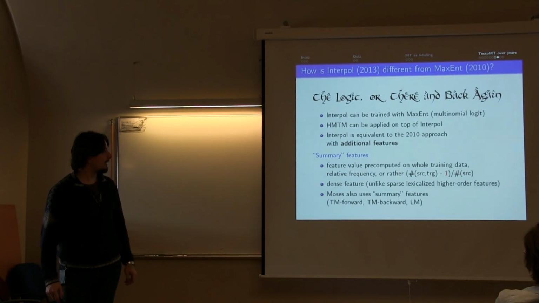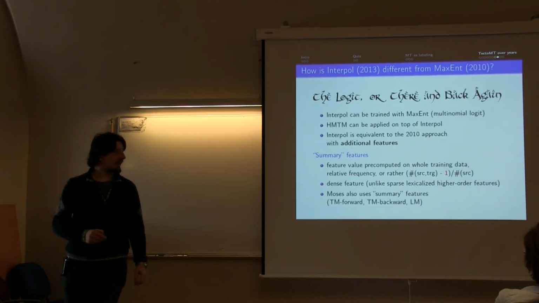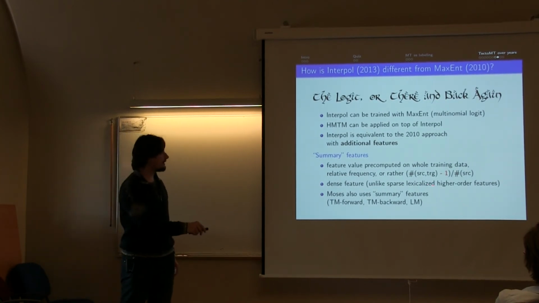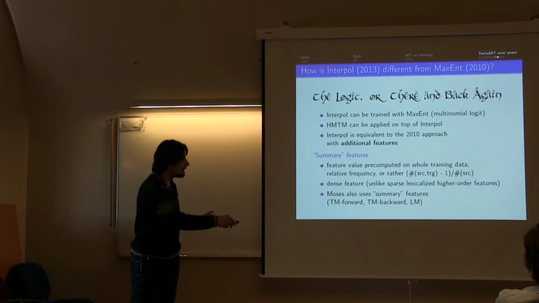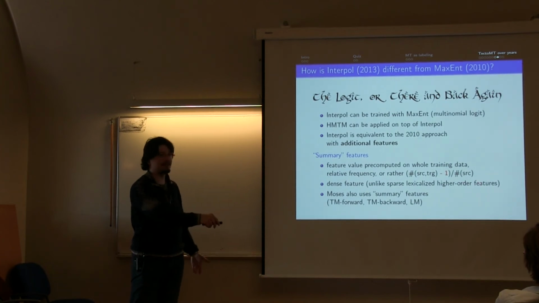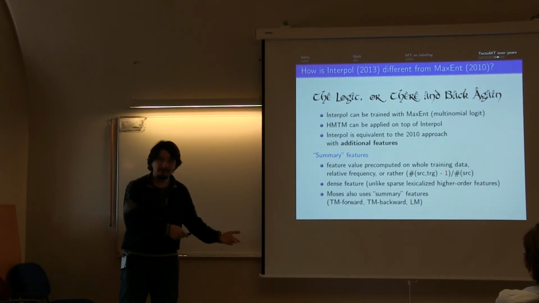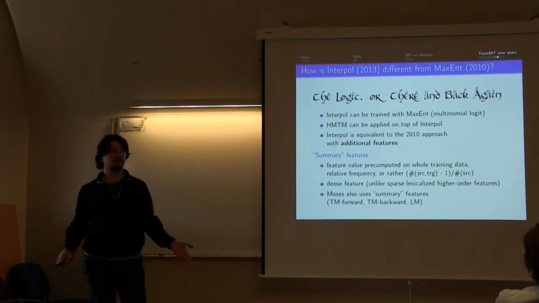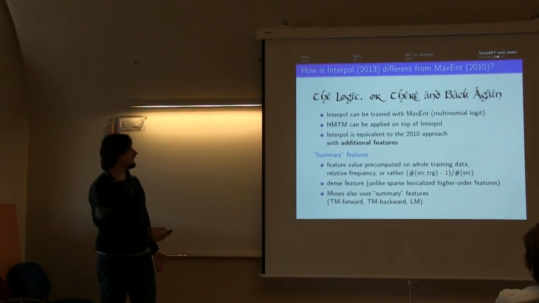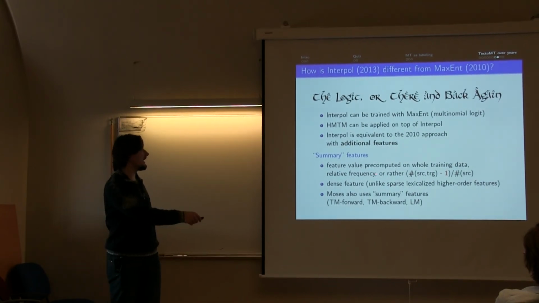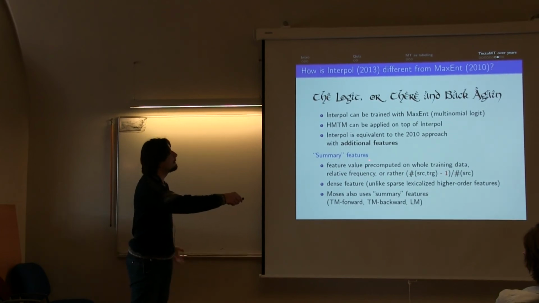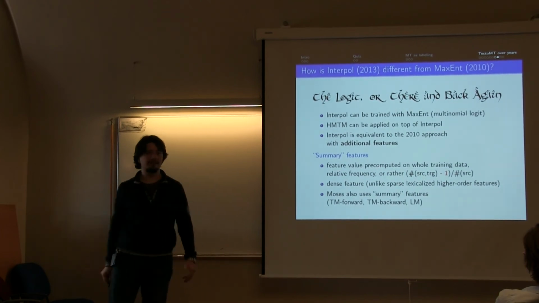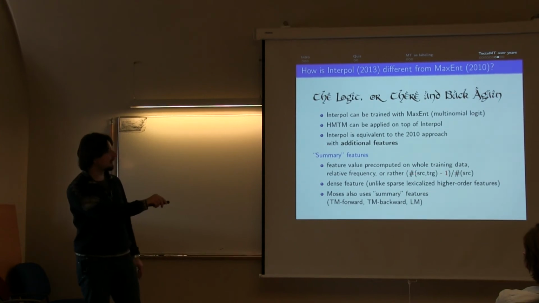So what I actually did, I added those lexicalized higher-order cubic or quadratic features into the Vowpal Wabbit, and it worked quite well. And then I said, on top of this, I can add those summarized features which actually have the relative frequency. And this is still work in progress.